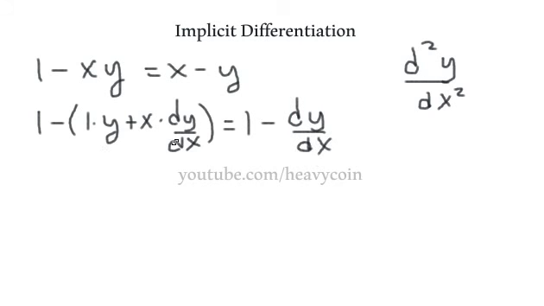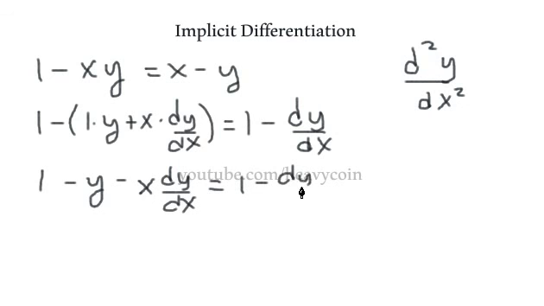And now what we want to do is solve for dy dx in this problem. So I'm going to go ahead and distribute this minus across, so 1 minus y minus x dy over dx is equal to 1 minus dy over dx. Now I'm going to bring this dy over dx over to this side, and then in the meantime I'm going to bring this 1 minus y over to the right.